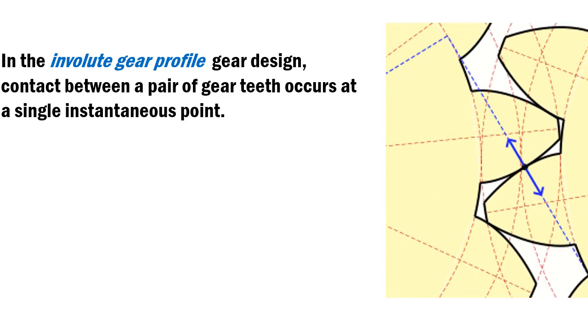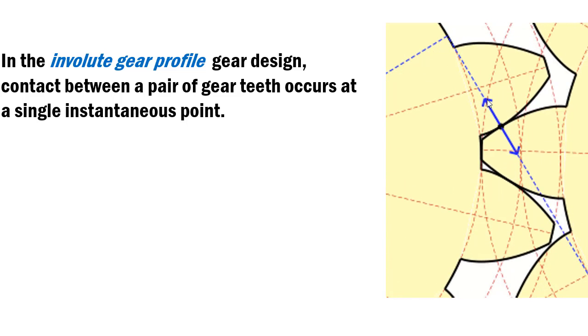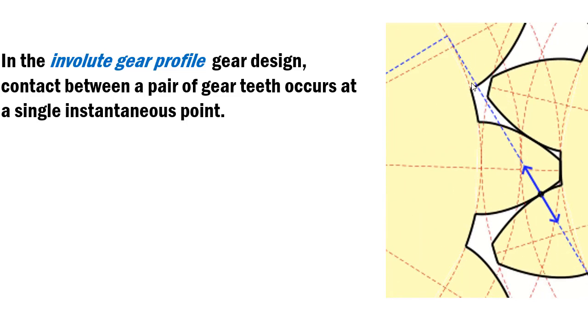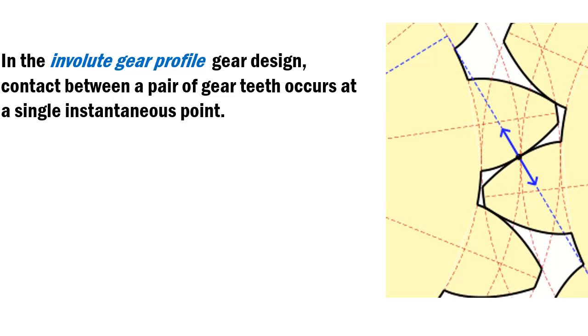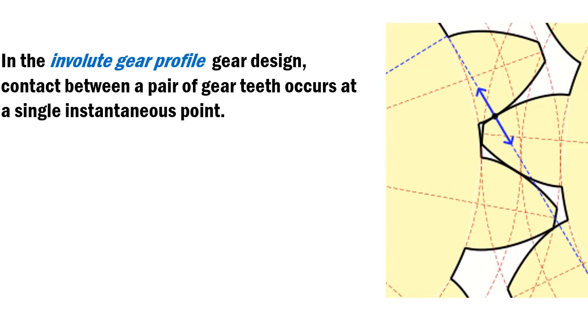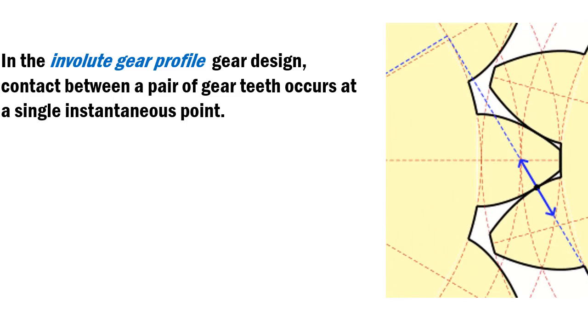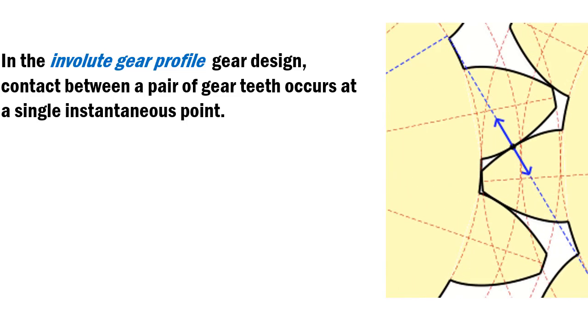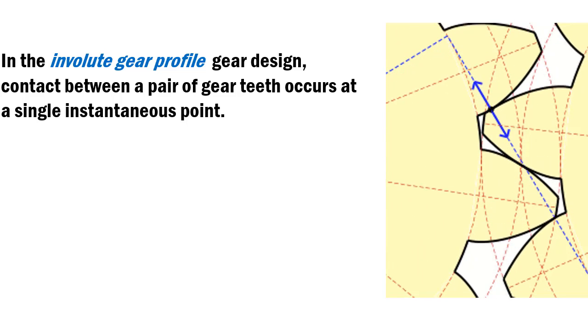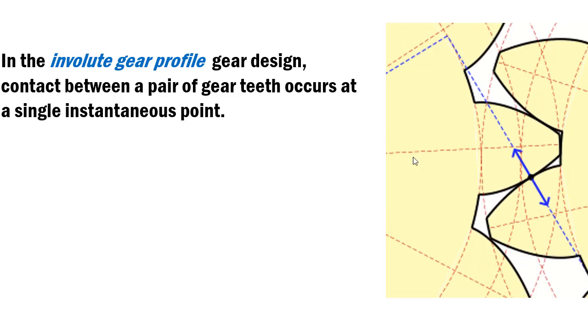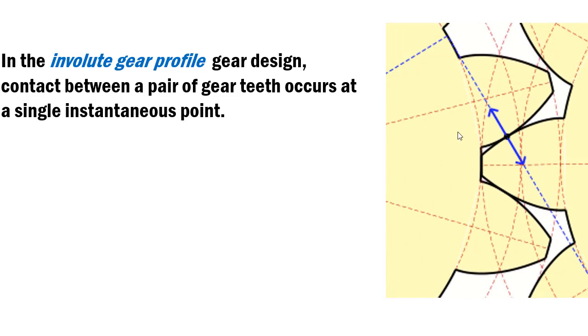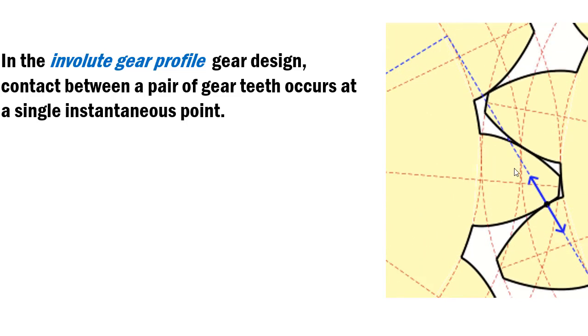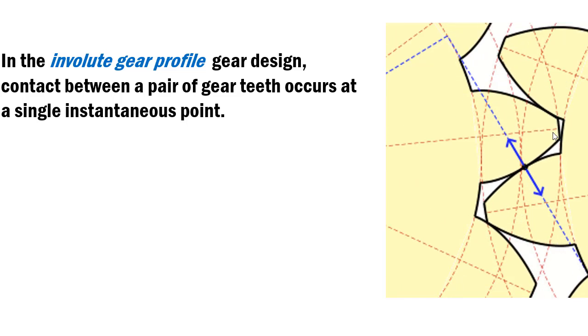So here you can see the taut string unrolling from the base circle right here, this blue line. And that's the involute gear profile in action. You can actually see how the teeth mesh.